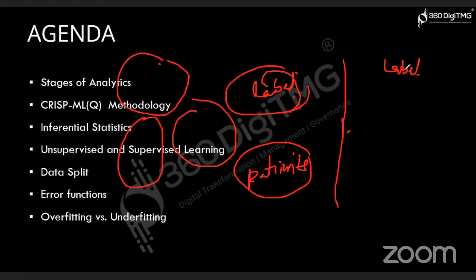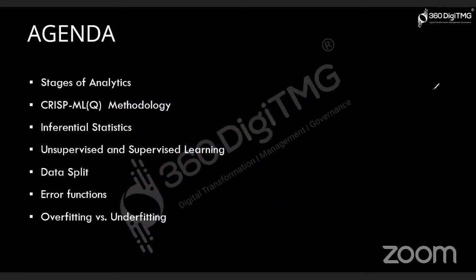But if you want to predict whether a particular person has cancer, diabetes, or heart disease, in that case you need labels. So based on this data, we'll be categorizing the models into two types. The machine learning models are of two types.